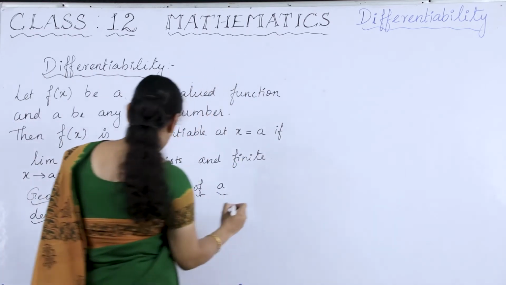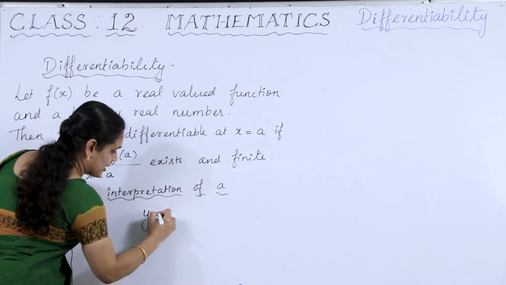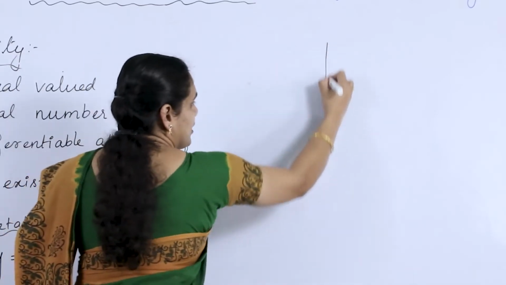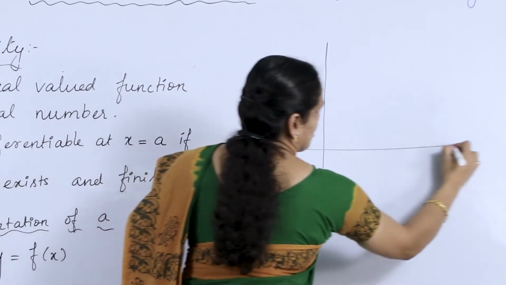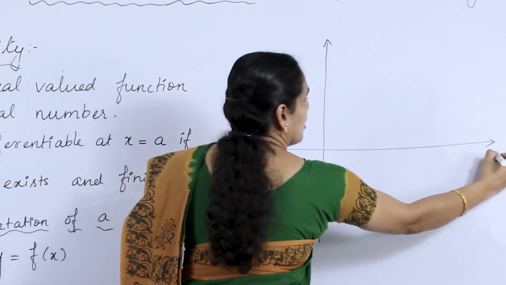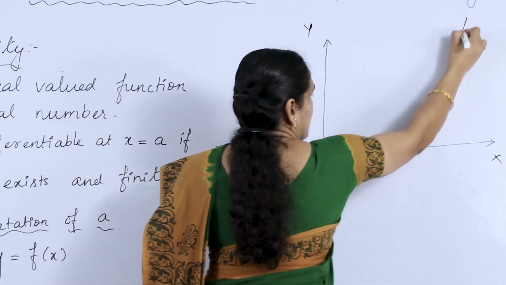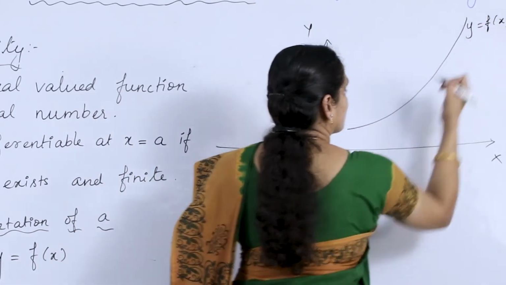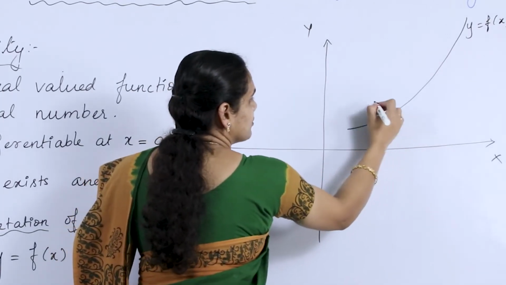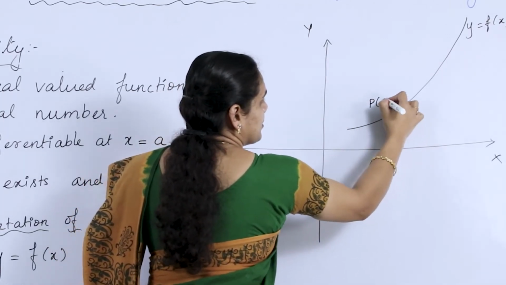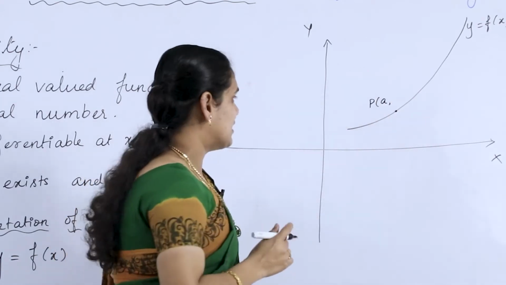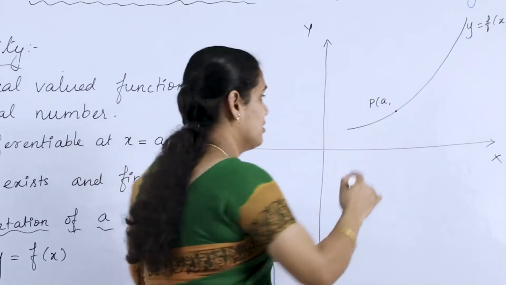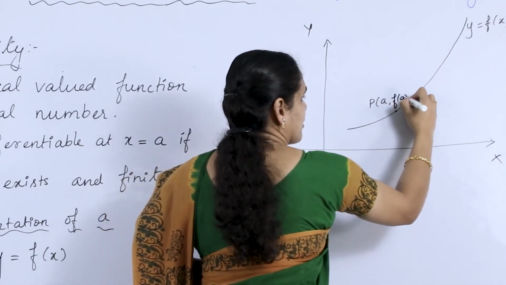Okay, let me take a graph, the curve y equal to f(x). Suppose we get the curve like this, okay, this is y equal to f(x), the curve. And let me take a point on the curve P. Let the x coordinate be a, then automatically the y coordinate will be f(a). So (a, f(a)), right?